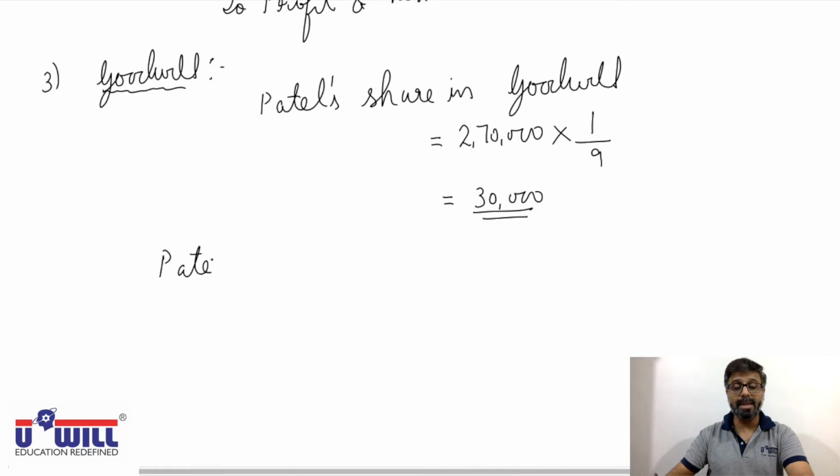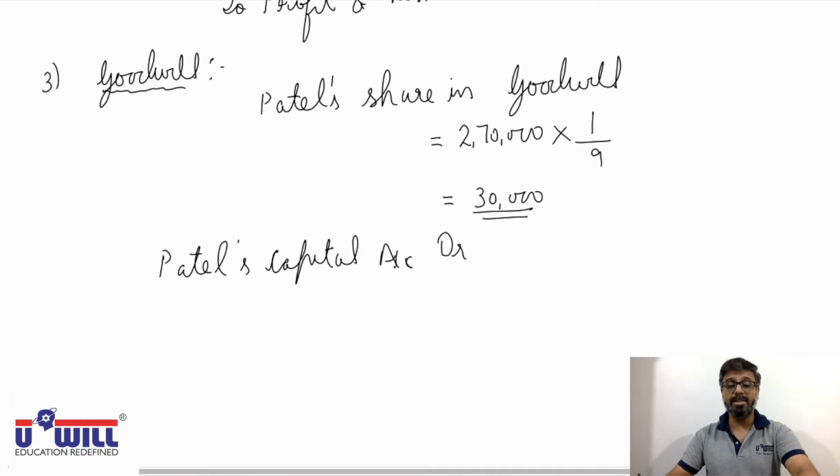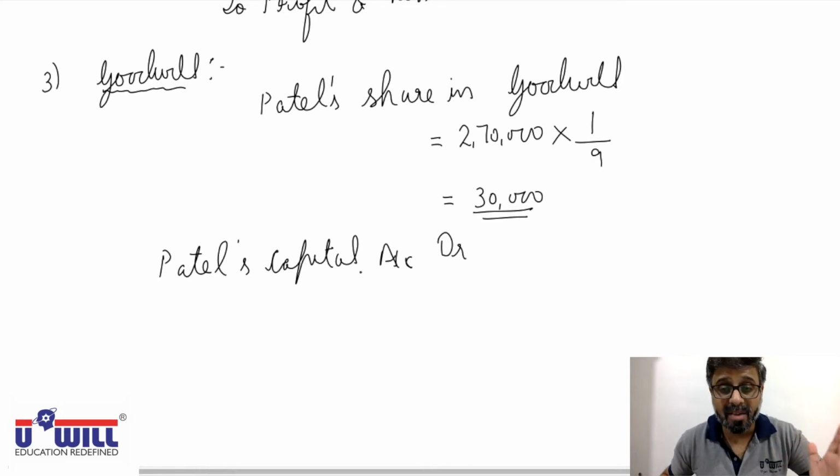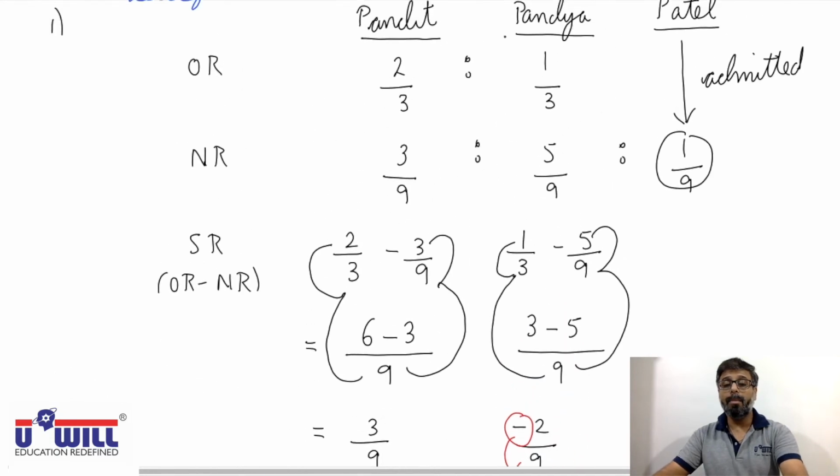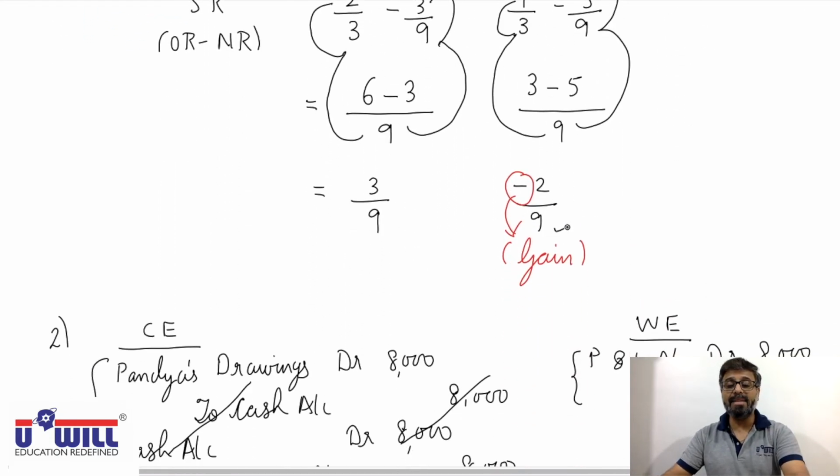So Patel's capital account debit, the new partner's capital account debit. Now further, to old partner's capital account in sacrifice ratio. Listen carefully. To old partner's capital account in sacrifice ratio. But here Pandya doesn't sacrifice, he gains.